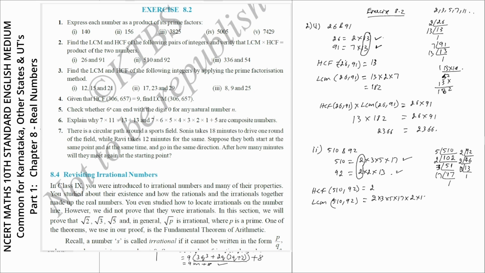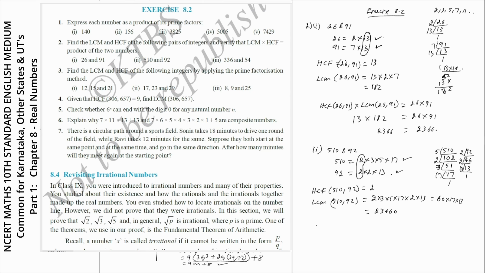You multiply all and you will get the LCM. 2 threes are 6, 6 twos are 12, 12 fives are 60. So this is 60 into 17 into 13. When you multiply, you will get 23460. I have skipped the multiplication, please check it out.